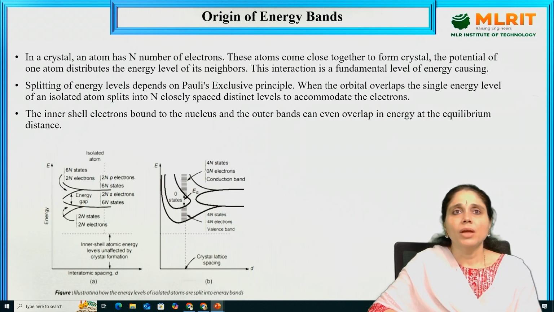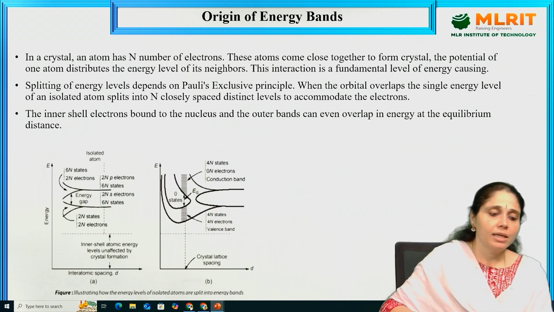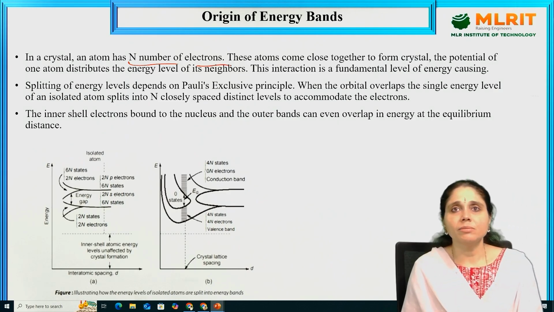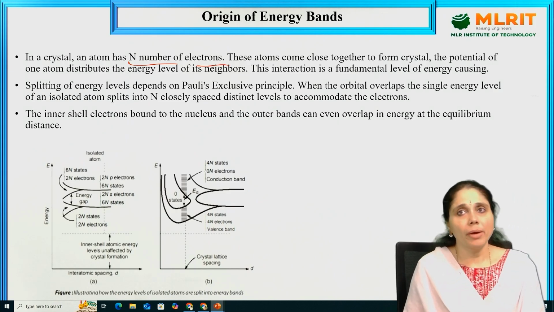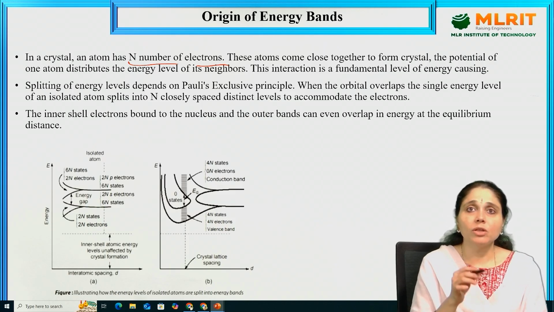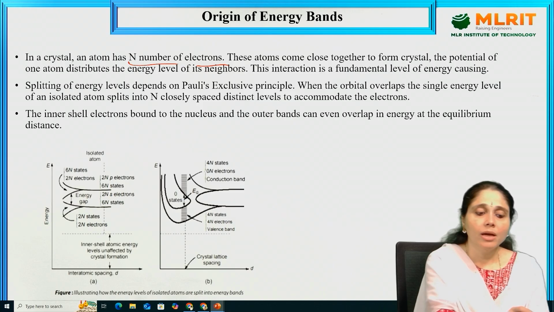Now see here, in a crystal, let us consider there are n number of atoms. These atoms come close together to form a crystal. The potential of one atom disturbs the energy levels of the neighbors. This interaction causes splitting of energy levels, which depends upon Pauli's exclusion principle. You need to remember this.